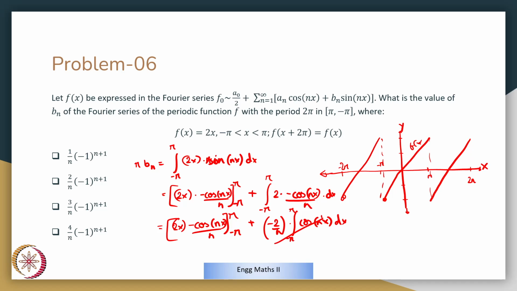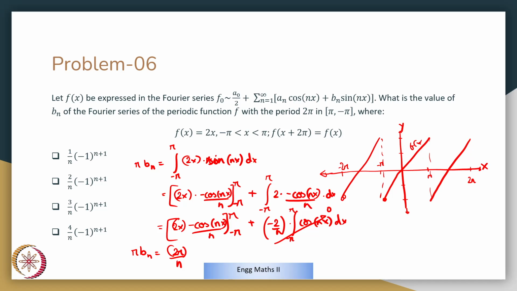This term should go to 0 because it's an integration of cos from minus pi to pi, and thus our term becomes pi bn is equal to 2 pi by n into minus cos of n pi.